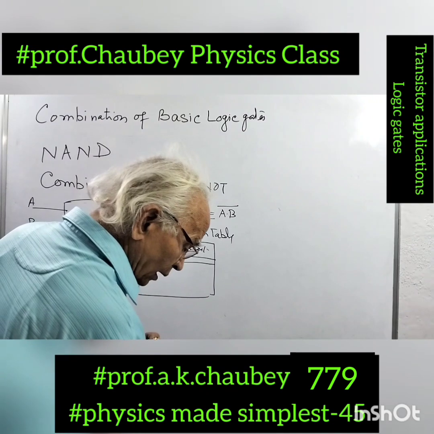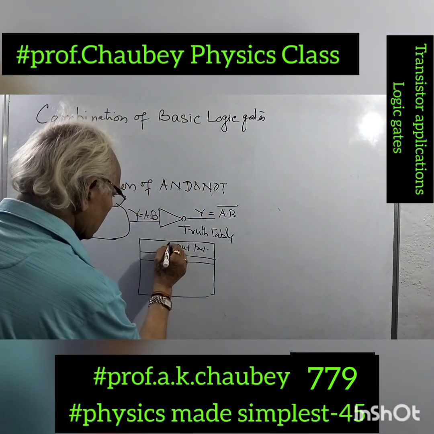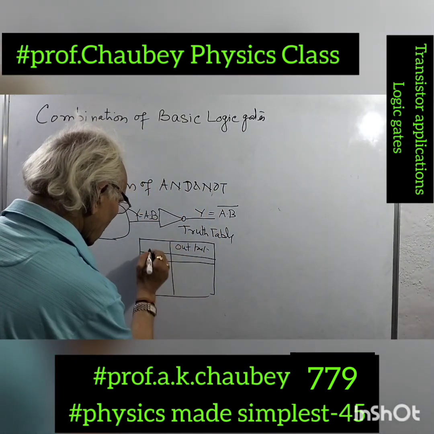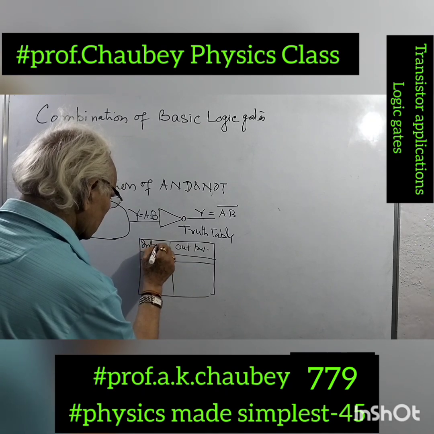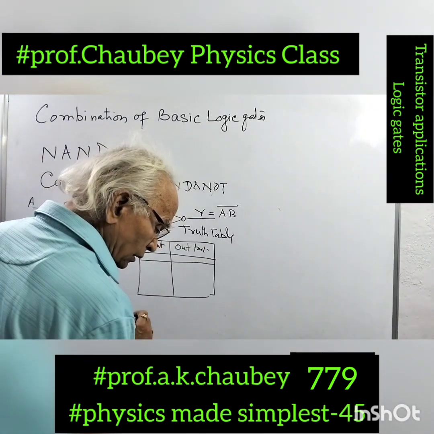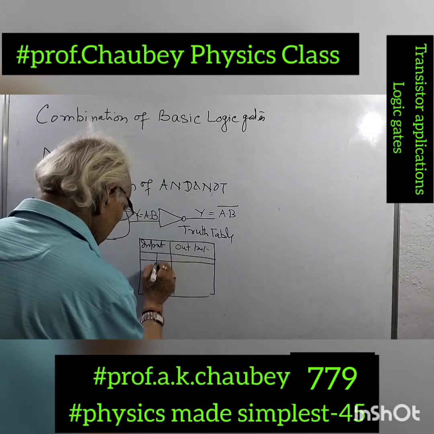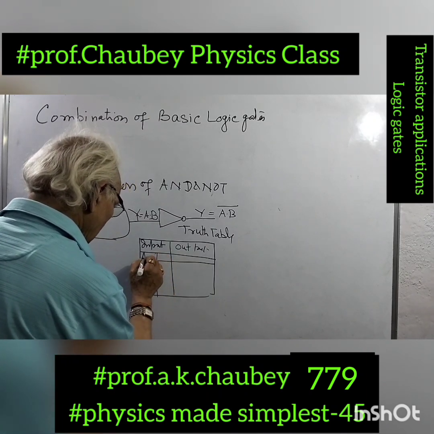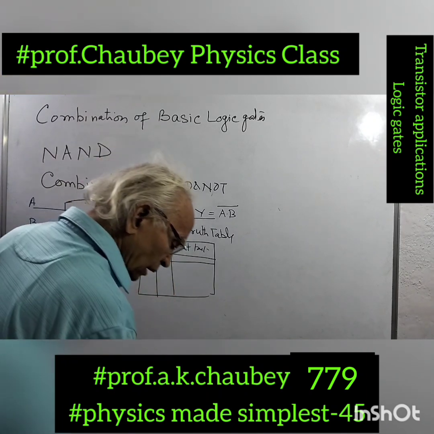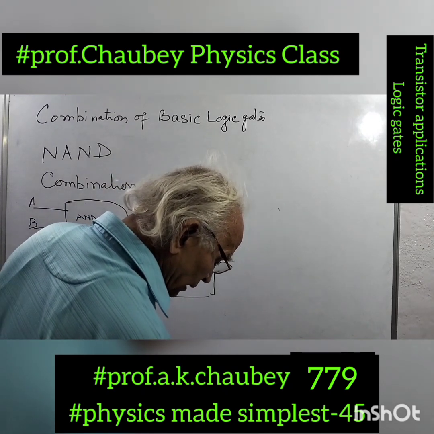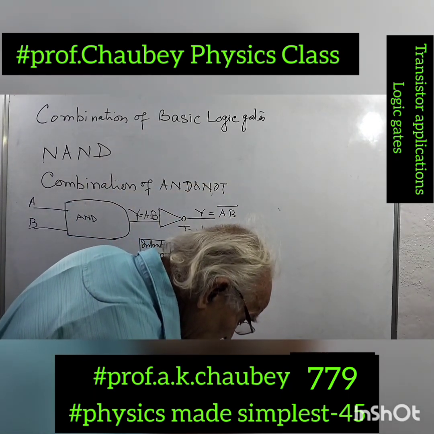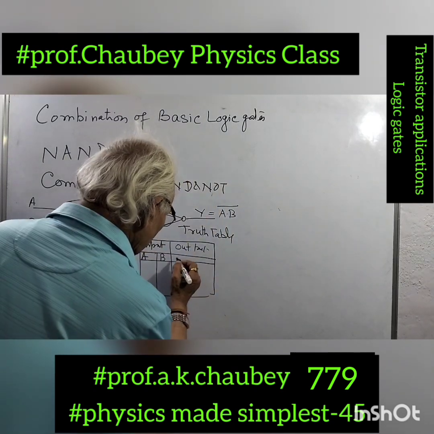Here we have input and output, divided like this. We have two inputs, A and B, and here we get the AND logic.